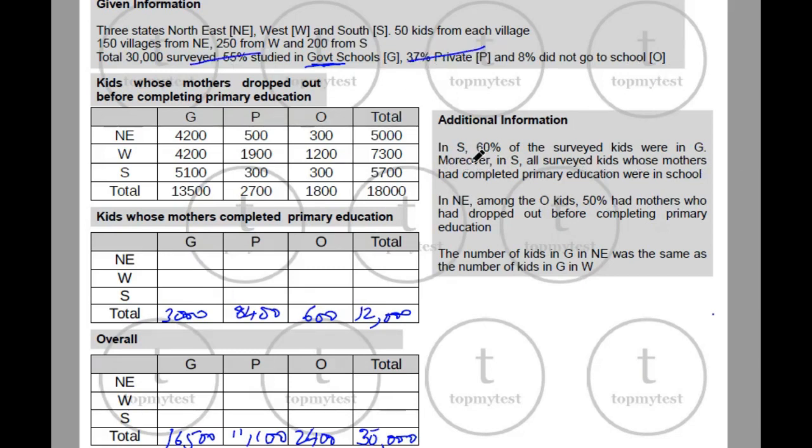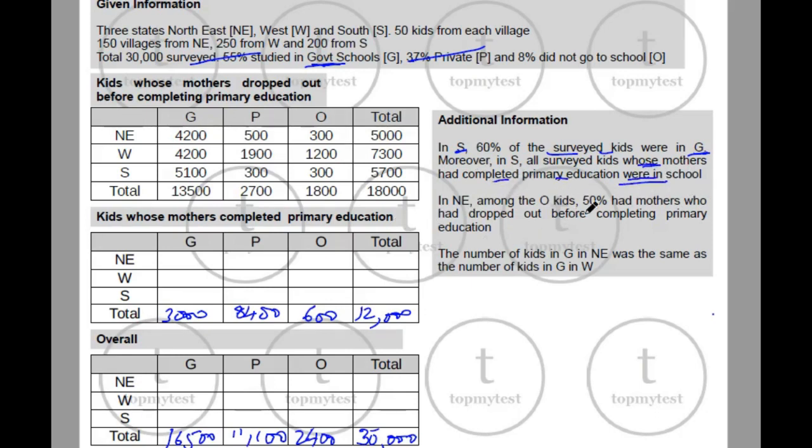In South, 60% of the surveyed kids were in G. So out of all the students in South, 60% were in G. Also known is that all surveyed kids whose mothers had completed primary education were in school.